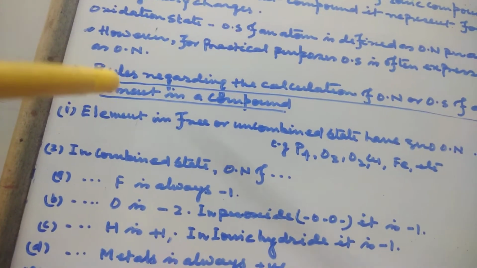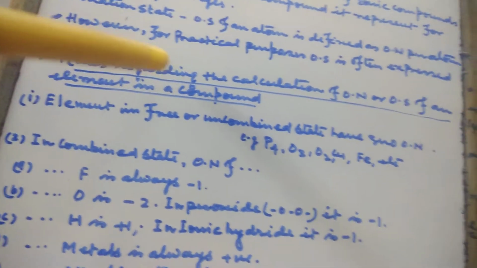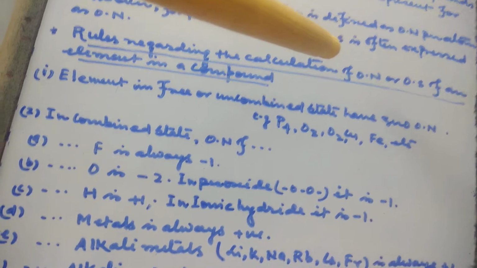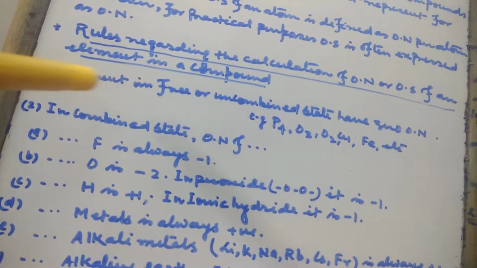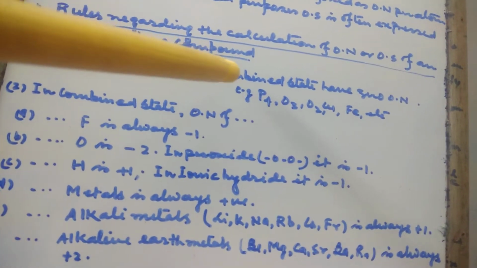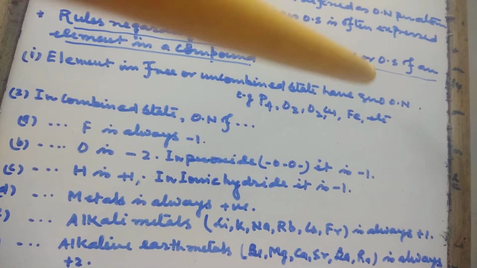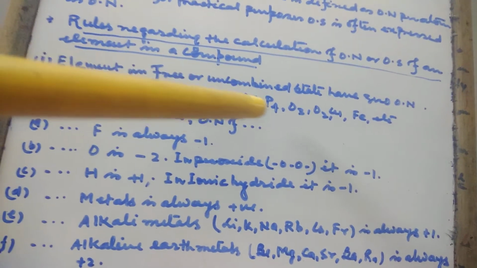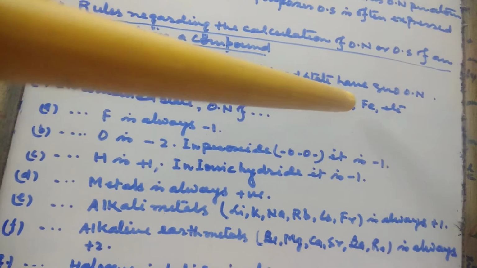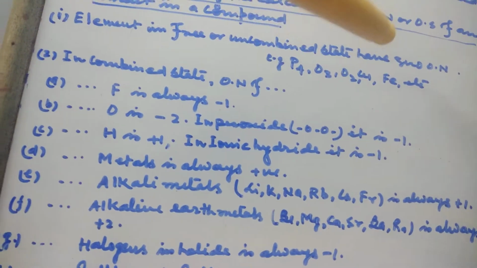Now we will discuss rules regarding the calculation of oxidation number or oxidation state of an element in a compound. First, elements in free or uncombined state have zero oxidation number, for example P4, O3, O2, copper, Fe.